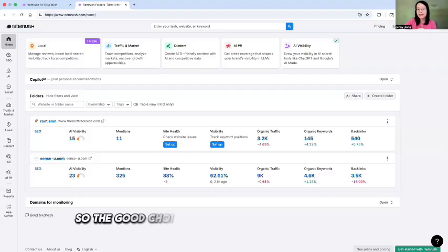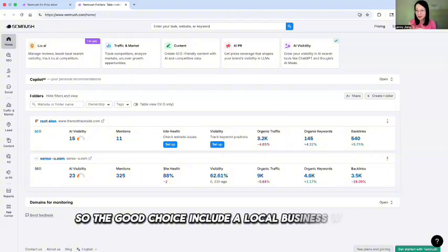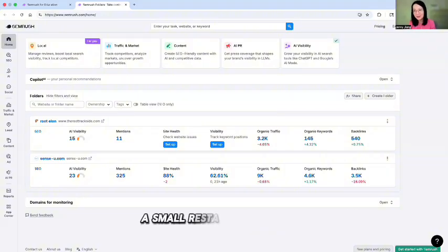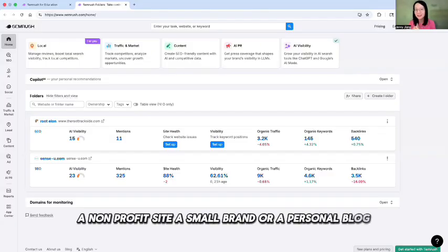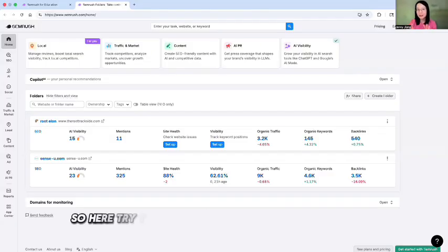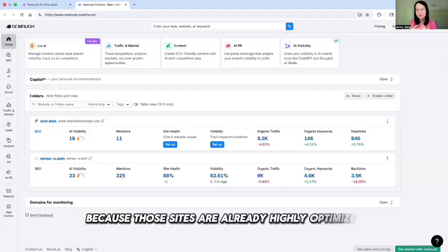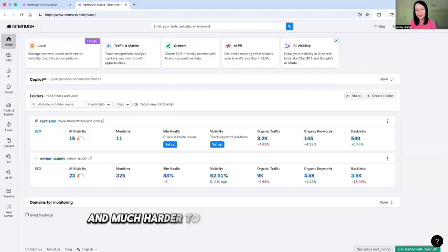Good choices include a local business website, a small restaurant's website, a nonprofit site, a small brand, or a personal blog. Try to avoid very large websites like Amazon, Nike, Apple, because those sites are already highly optimized and much harder to analyze at a beginner level.